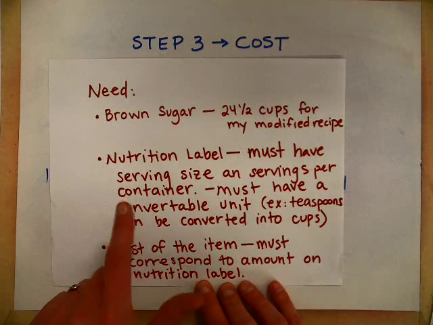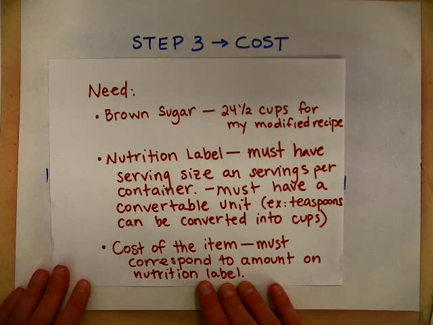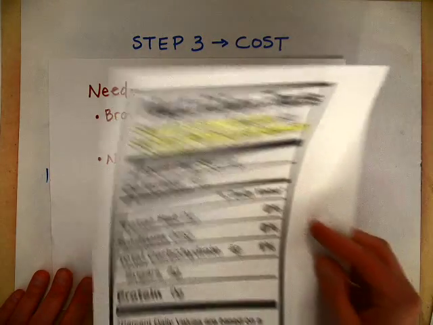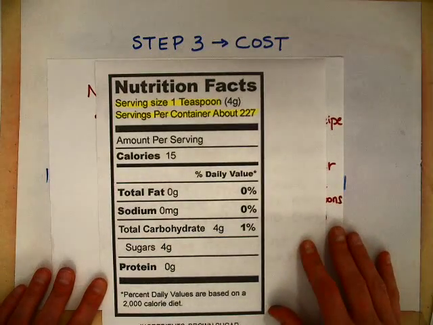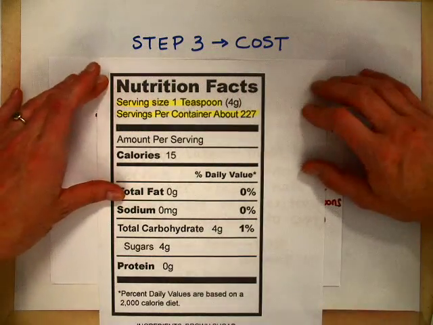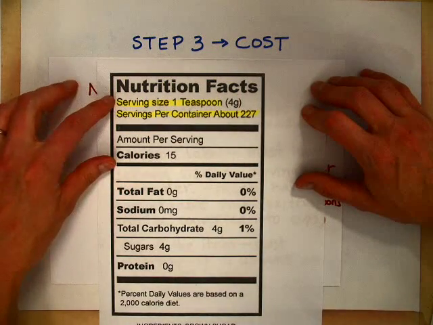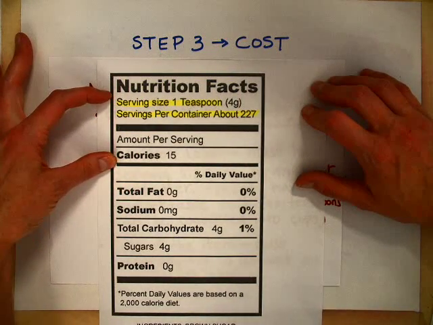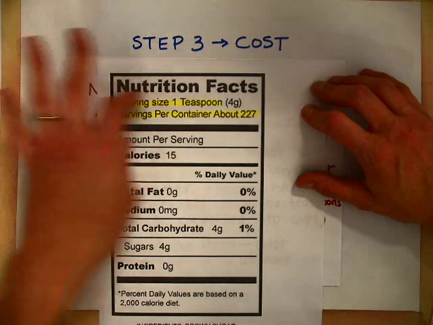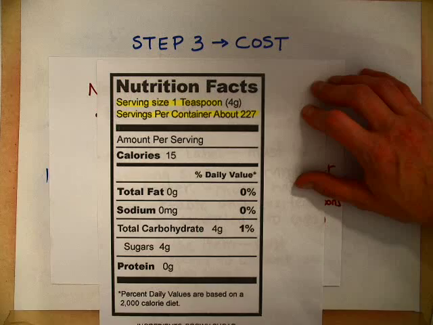So the next thing you need is a nutrition label. And the part of the nutrition label that we're using is really only this part up here. So your nutrition label needs to have a serving size and a servings per container so that you know how much is in the container.